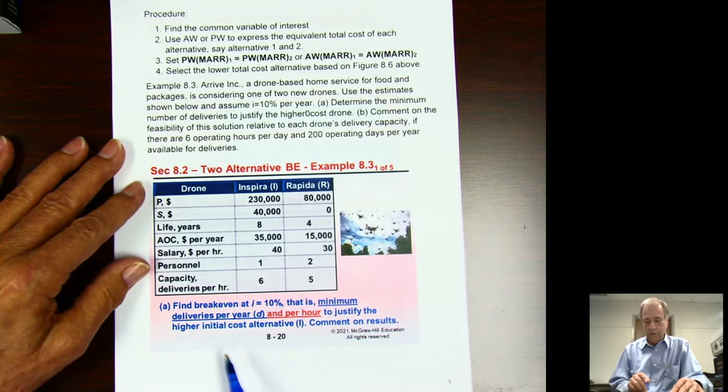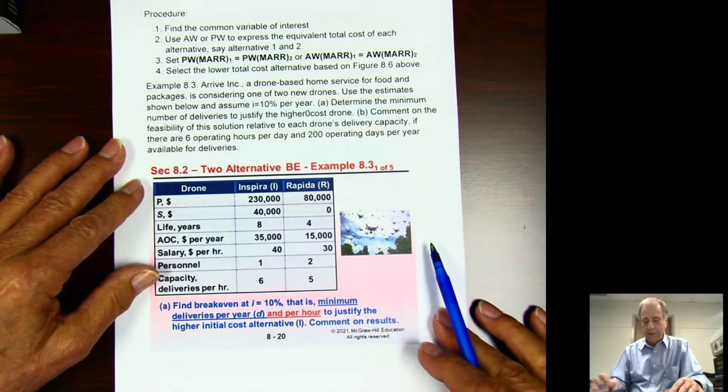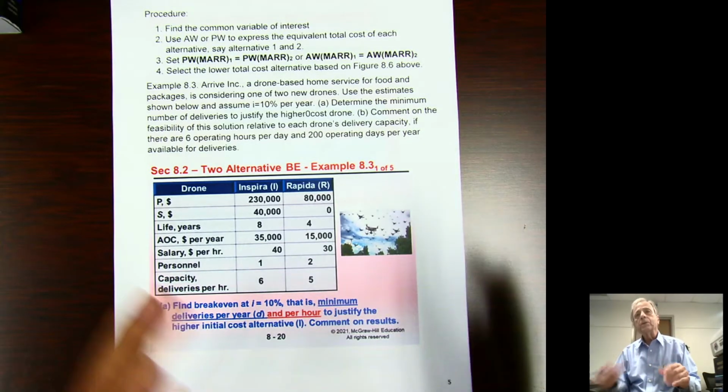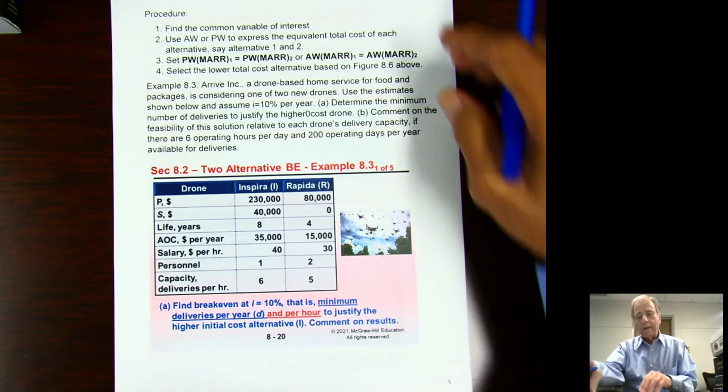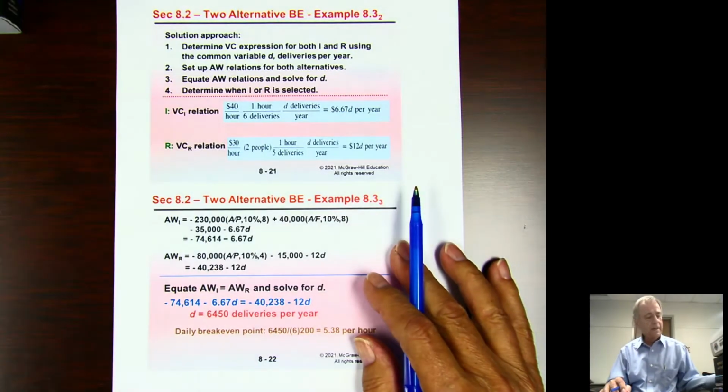And so the author says find the break-even point if the interest rate's 10%, and how many deliveries would you have to make per year between these two alternatives. So we'll go on to look at that example a little further.